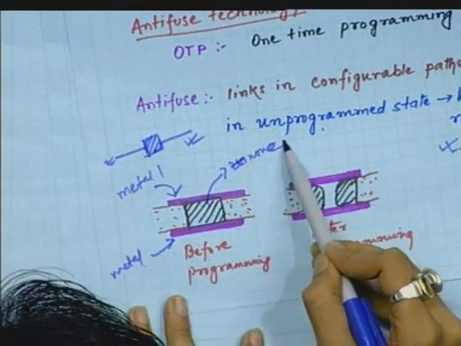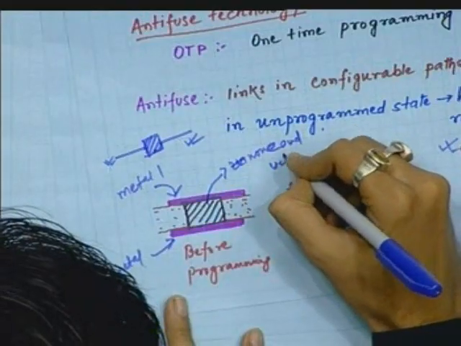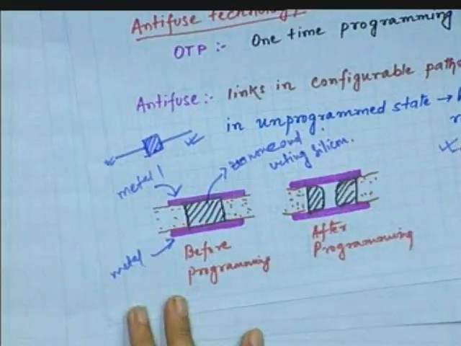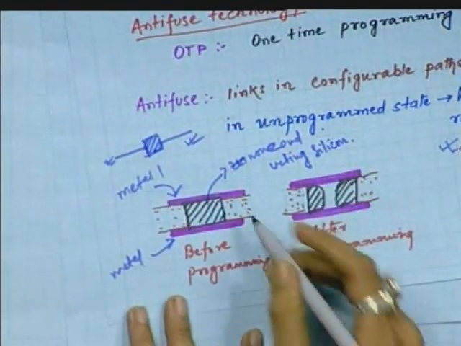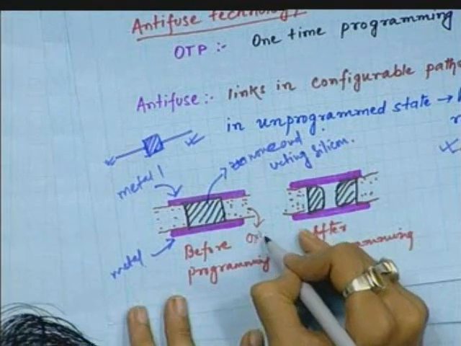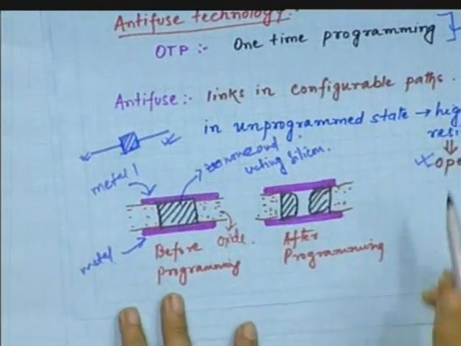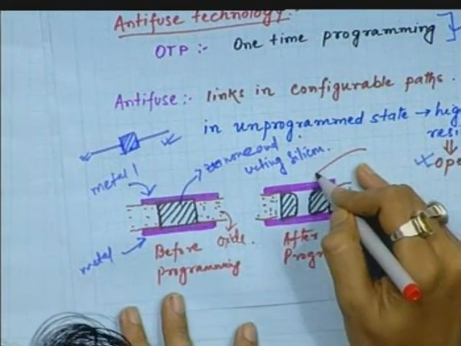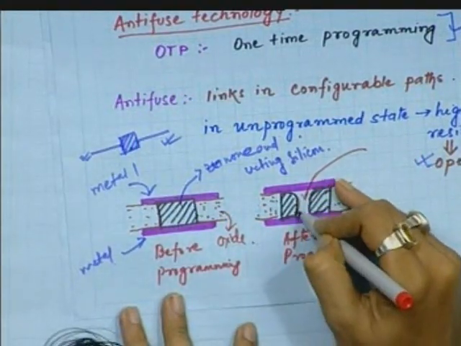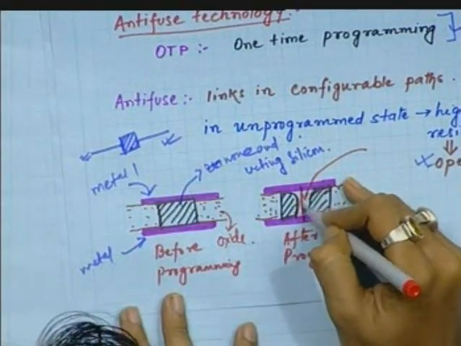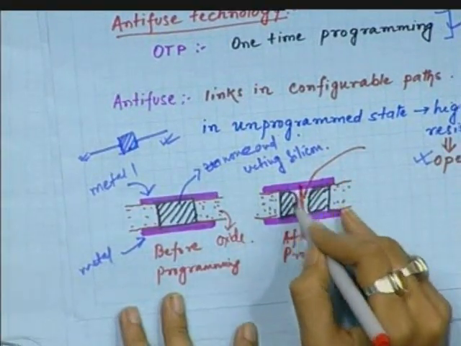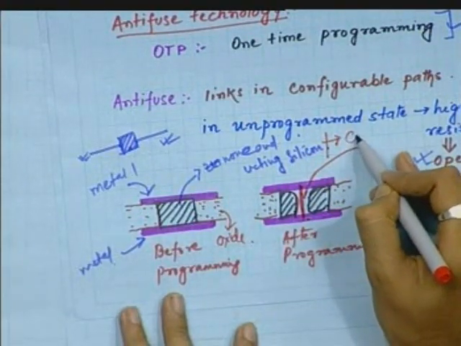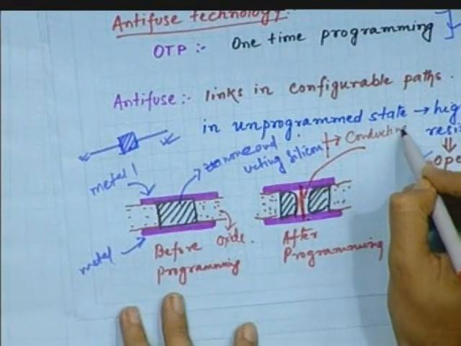It is basically non-conducting silicon, with an oxide layer. Now when a high voltage is applied to this antifuse, a connection is built between these two metals, because the non-conducting silicon becomes conducting due to the high voltage.